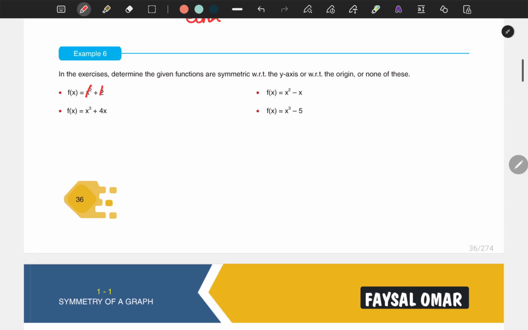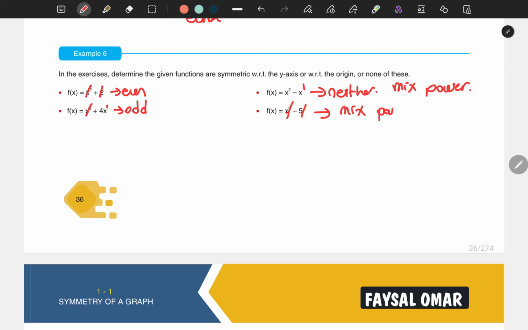Look, even by even will be what? Even. Odd by odd, it will be odd. Here powers are even and odd together, isn't it? This one will be neither. Why? Because I have a mixed power. Here odd, here even, because x power of odd, this one even. What will be? Mixed. So which means neither.